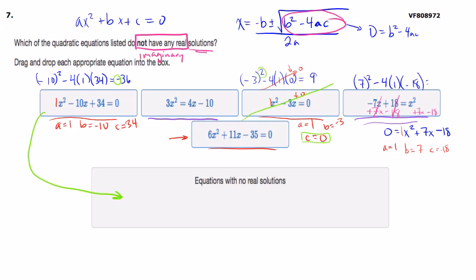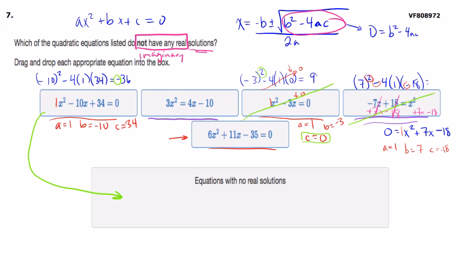So in this case, since I'm multiplying a negative times a negative, that's going to come out positive. And this for sure is going to be positive because I'm squaring it. So no matter what, this is going to be positive. So I know that this is going to be 2 real solutions. But just in case you're curious, I'll put it in my calculator anyway. So it's going to be 7 squared minus 4 times 1 times negative 18.